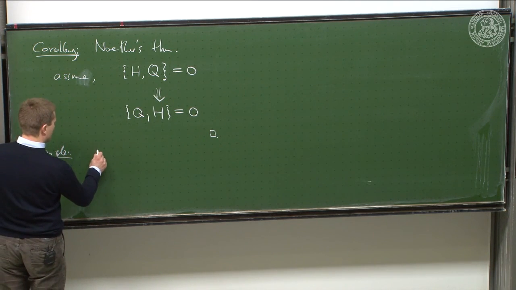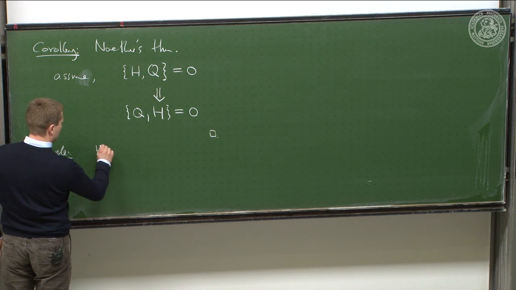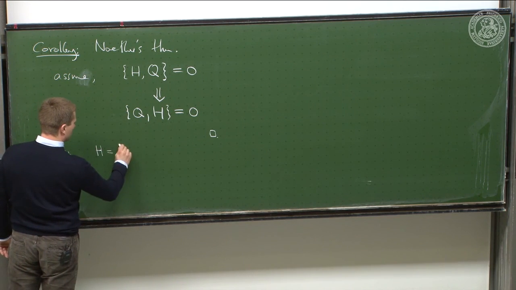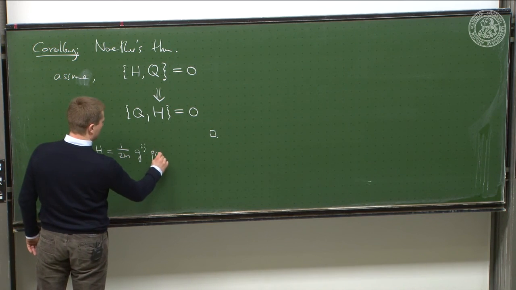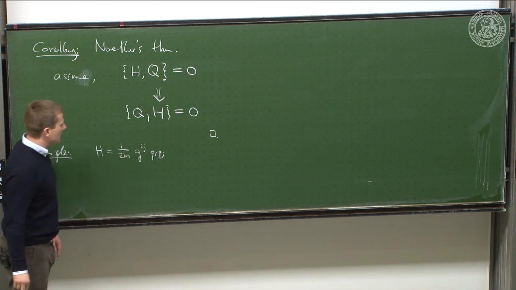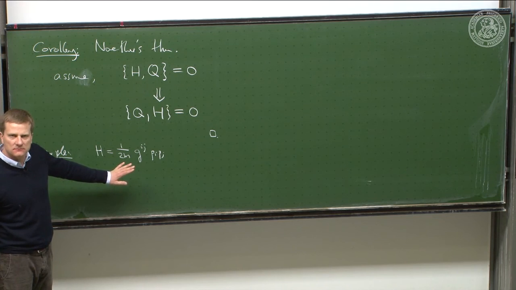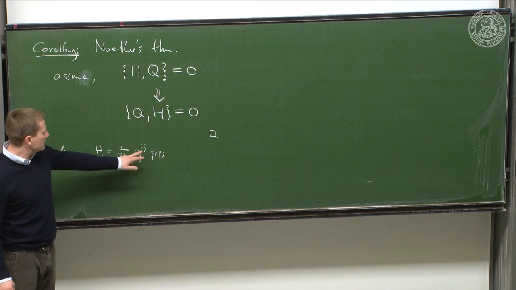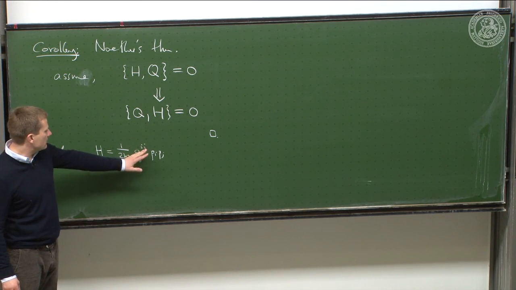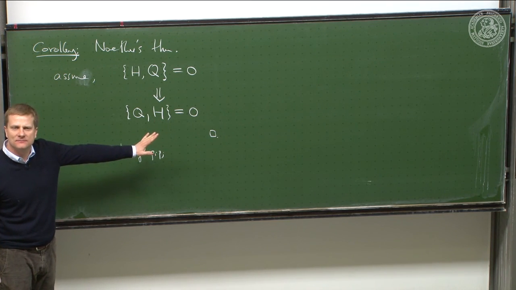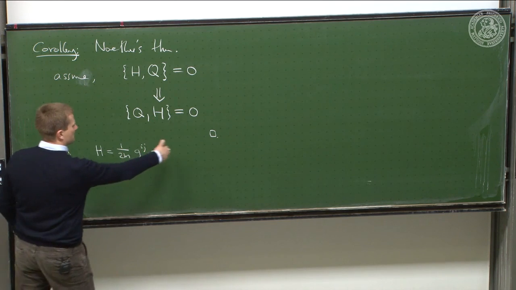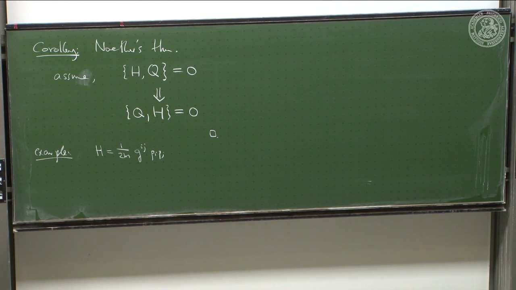Example, let's take H being 1 over 2m g^{ij} p_i p_j in Darboux coordinates, and the g^{ij} in those coordinates is also constant throughout the Darboux chart. So it's just the standard inner product.